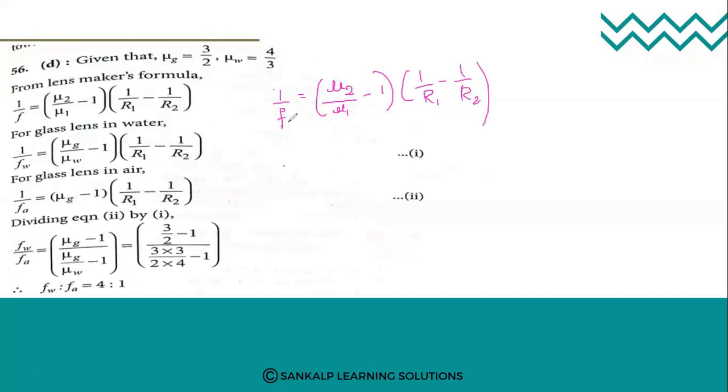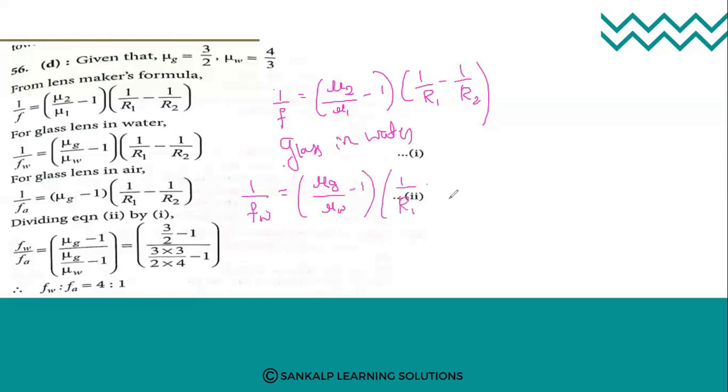Now we write this general formula first for glass in water: 1/f in water is equal to the refractive index of glass divided by the refractive index of water, minus 1, into bracket 1/R1 minus 1/R2. So this is glass in water.